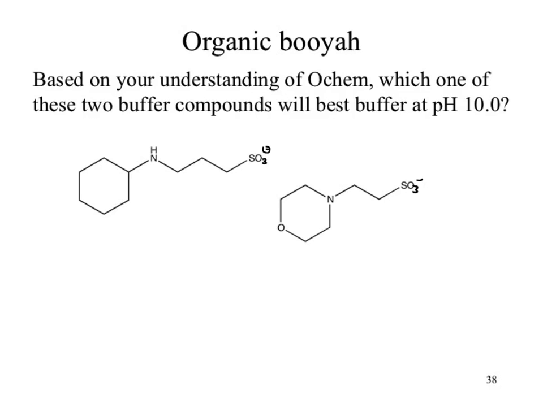Okay? Which means neither of those two are going to be able to buffer at a pH of 10, because you said it's a strong acid, and if it's a strong acid, will it accept a hydrogen? No. So we can never form the acidic form. We'd have the conjugate base at that point, but we never have the acidic form. And to get a buffer, we have to have both. So it can't be that position.